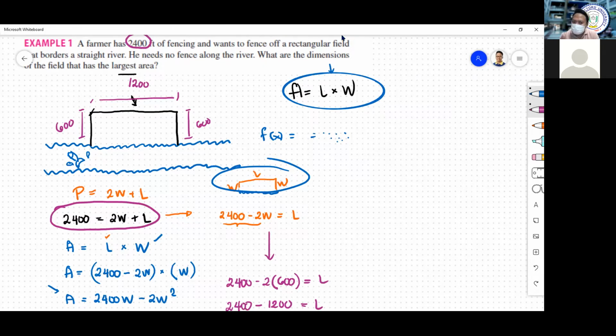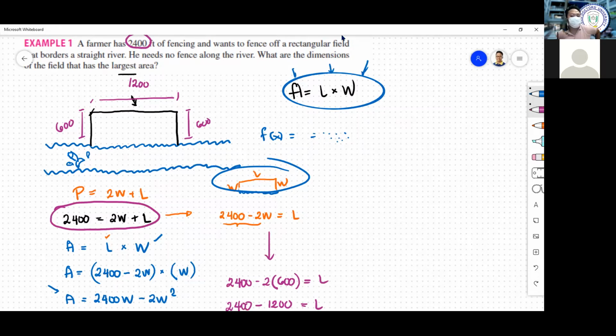Imagine if we optimize this right away without expressing one of them in terms of the details in the problem, would it be possible to solve for a specific value after you get the derivative? You can't solve it, right? So yeah, it's hard.